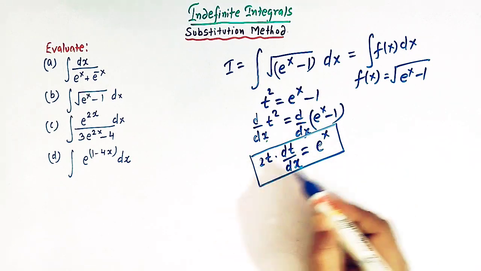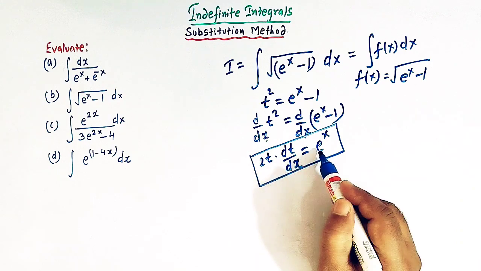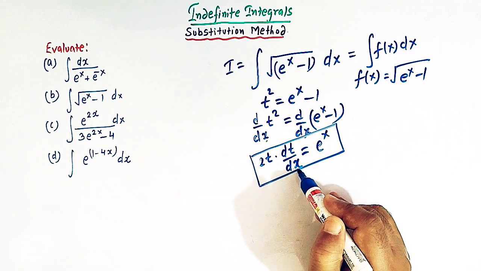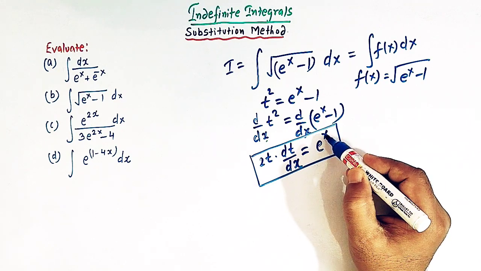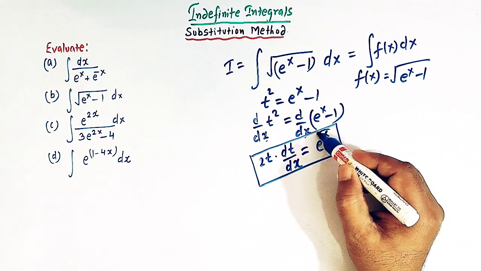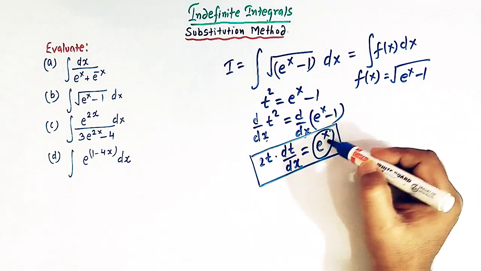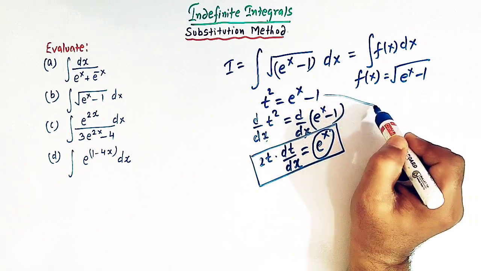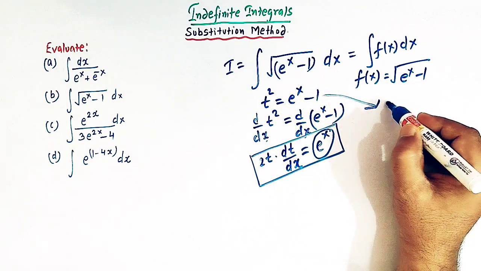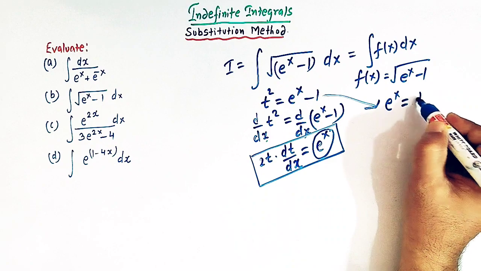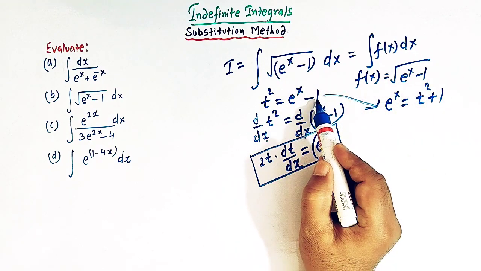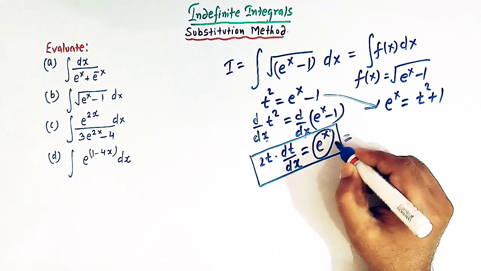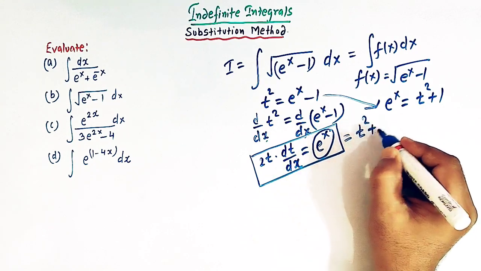Let us have a close look at this expression. Here we have 2t dt by dx and e raised to x, right? Here we have this quantity e raised to x, which can be written in terms of t. Since t square is e raised to x minus 1, taking the negative sign to this side, e raised to x is t square plus 1.